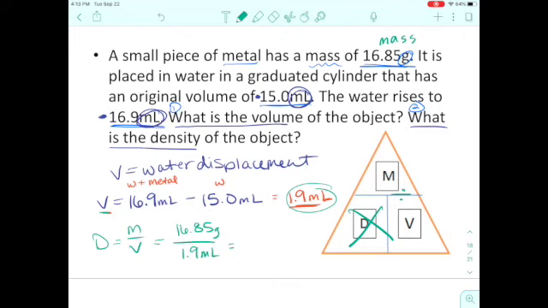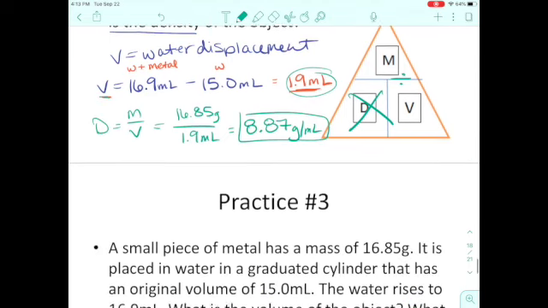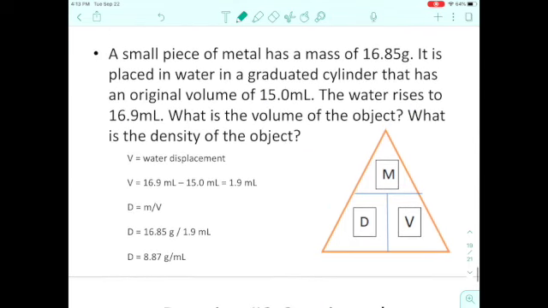So 16.85 divided by 1.9, rounded to 2 decimals, is 8.87 grams per milliliter. Okay, so that is the density of our metal. So water displacement got us a volume of 1.9, and our density was 8.87.